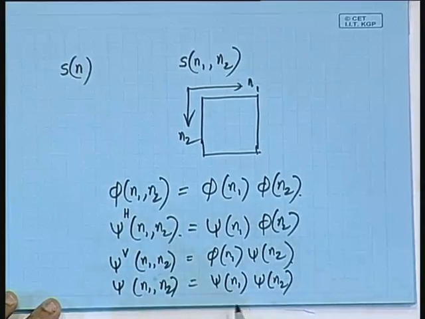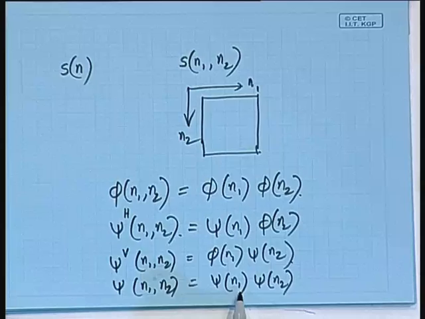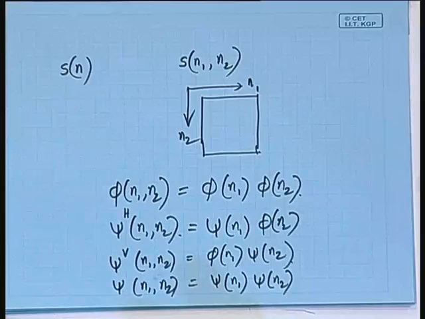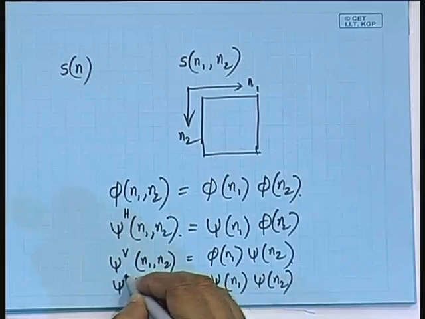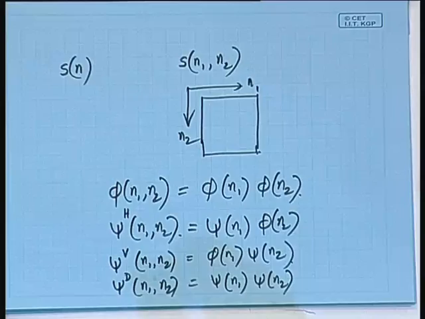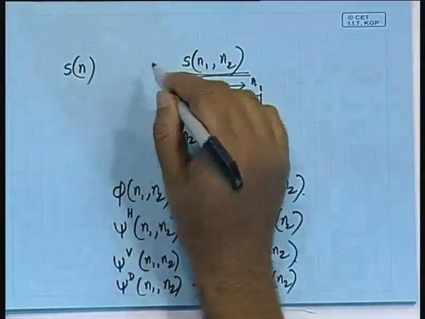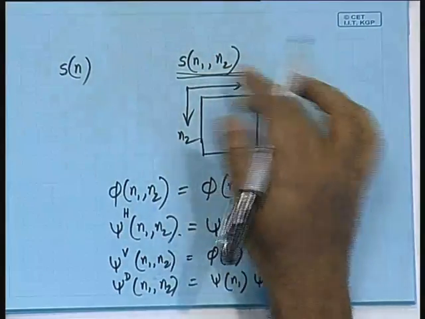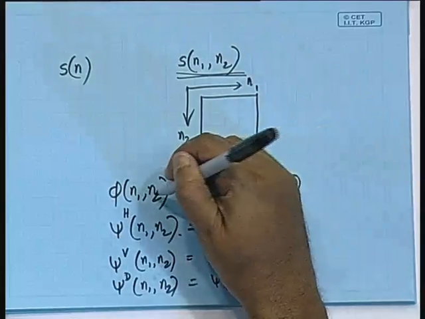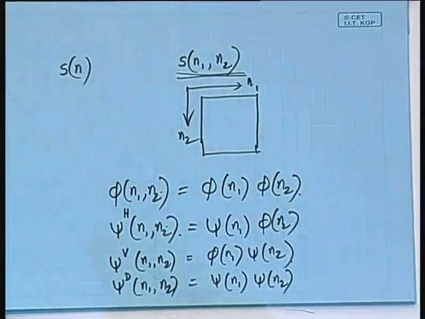What is the physical significance of the product of psi n1 and psi n2? It means that it is high pass filtered in both the horizontal and vertical directions, so in the diagonal direction also it has high pass filtering. So, we call this psi diagonal. So, there are 4 filters that we can have for 2 dimensional signals. When our signal, instead of 1 dimensional, is 2 dimensional, S n1 n2, then we can use 4 different filters.